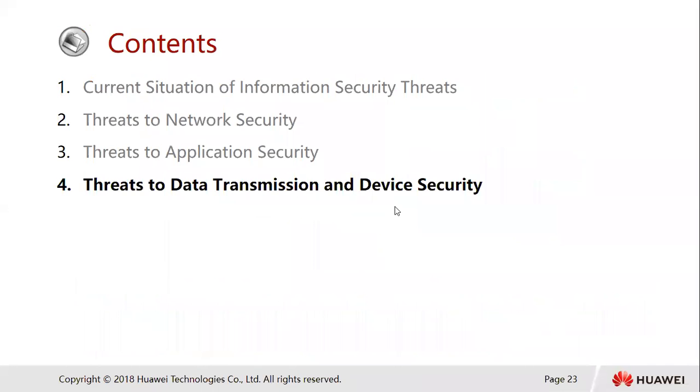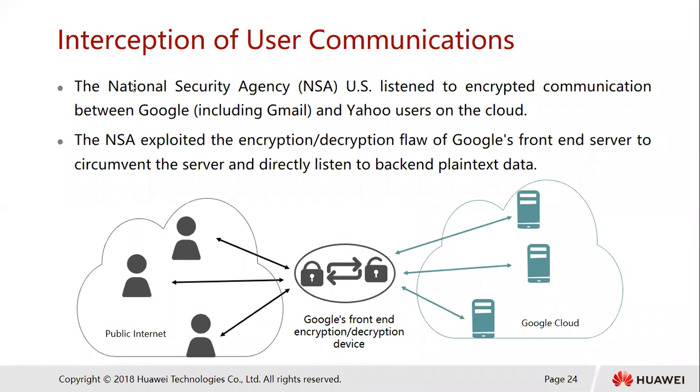So, threats to data transmission and device security: interception of user communication. It happened that the NSA in the US was able to listen to encrypted communication between Google, Gmail, and Yahoo users on the cloud. And of course, Snowden, a whistleblower from the NSA, said that as long as you have made a call or you have been on the internet, the NSA knows you.